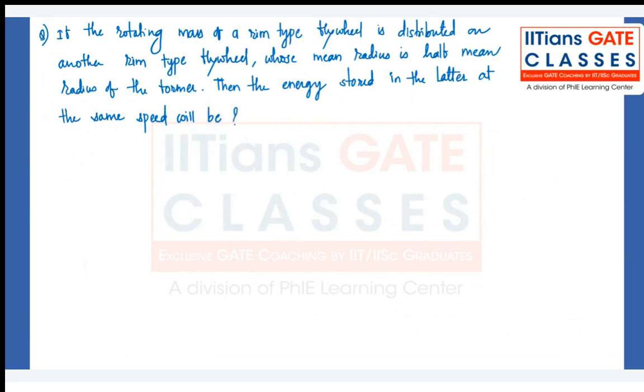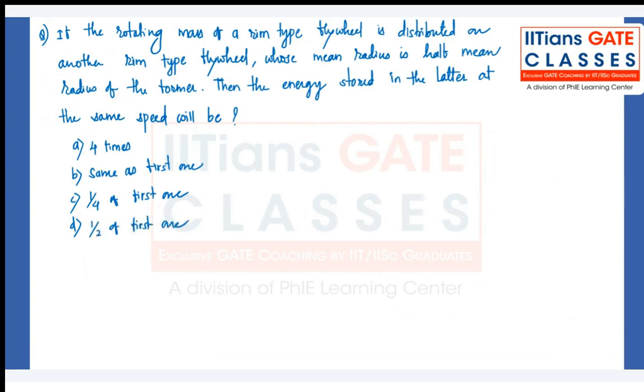Options: 4 times the first one, same as the first one, 1/4 of the first one, and half of the first one.